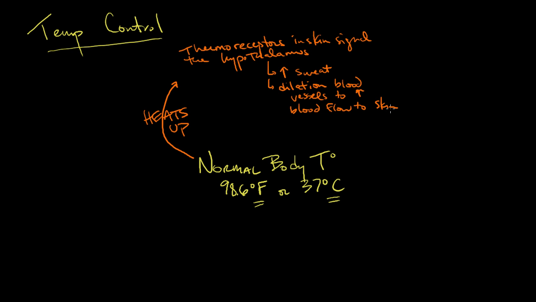And this is simply because one of the things that blood carries is heat, which is a byproduct of cellular respiration. Remember, cellular respiration is glucose plus oxygen yielding carbon dioxide, water, and ATP, and it also gives off a little bit of heat. So the more heat that we can get to the skin to radiate out, so this is evaporative cooling. Let me add that.